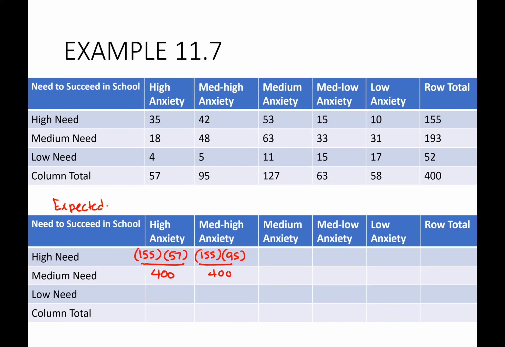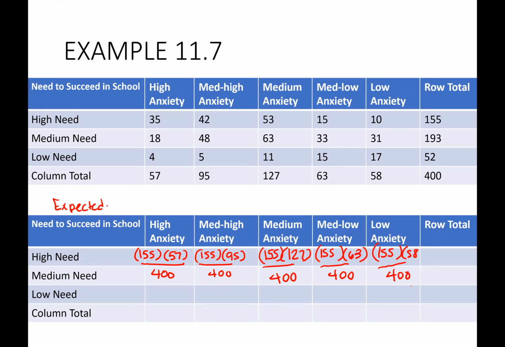The next one, medium anxiety, would be the row total times the column total divided by the total. Medium to low would be 155 times 63 divided by 400. And low would be 155 times 58 divided by 400. And you would continue doing this for all the categories in the table.